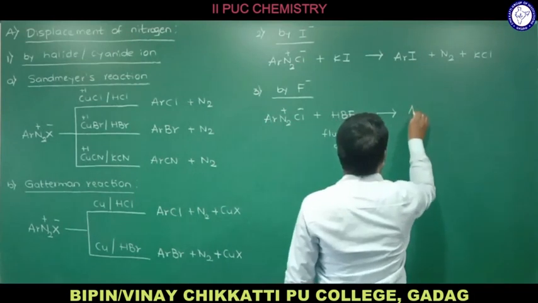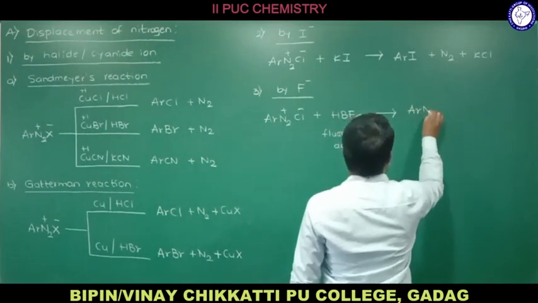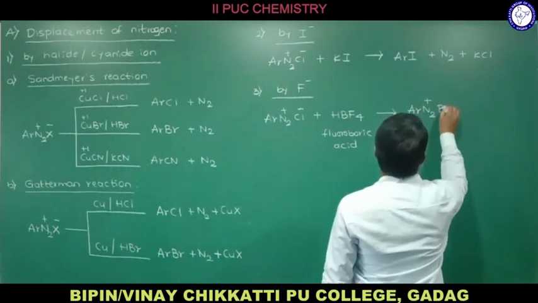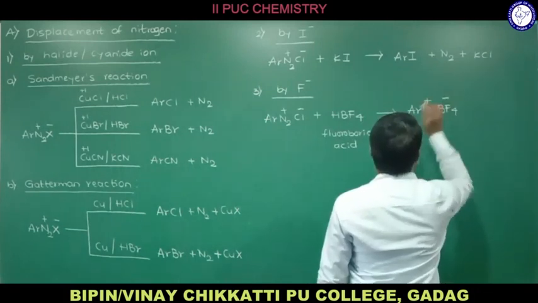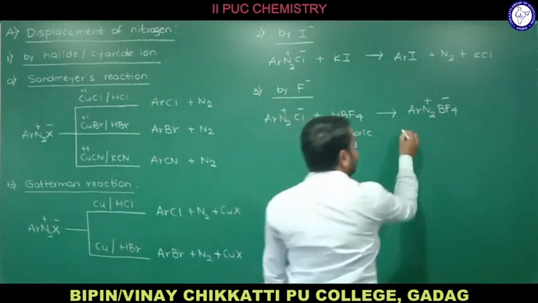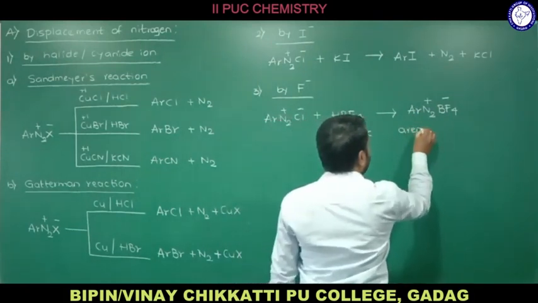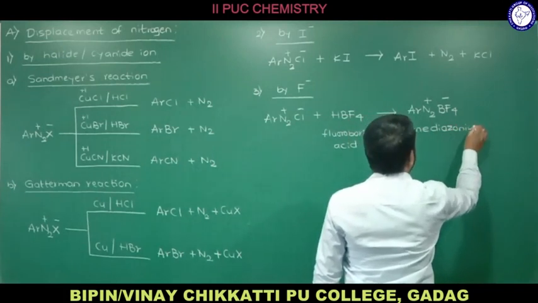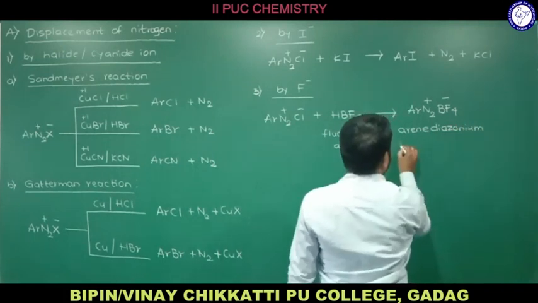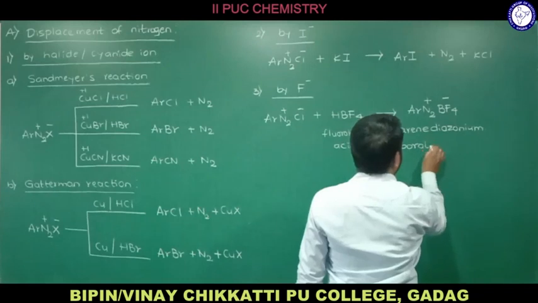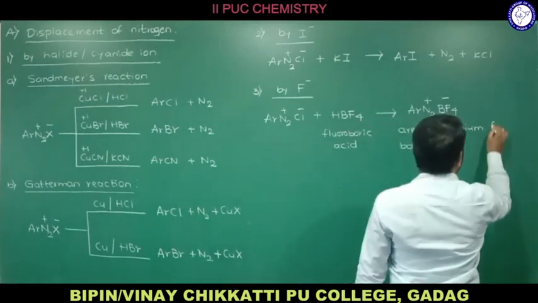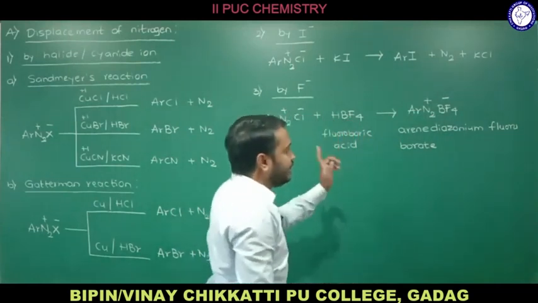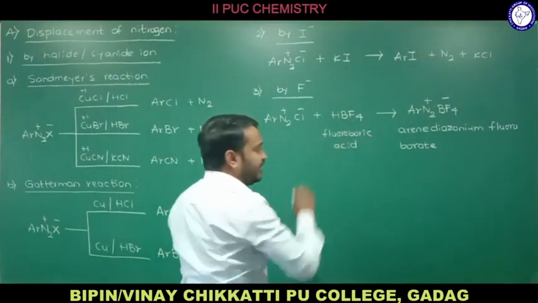When this diazonium salt reacts with fluoroboric acid, we get a compound, let me write it here, ArN2+ BF4 minus. Let me write the name of this compound: arene diazonium fluoroborate, the intermediate.